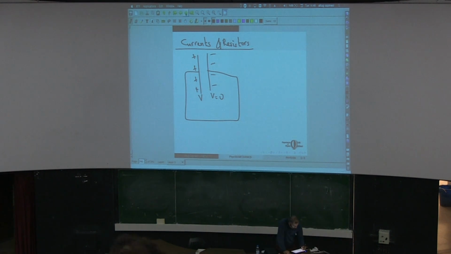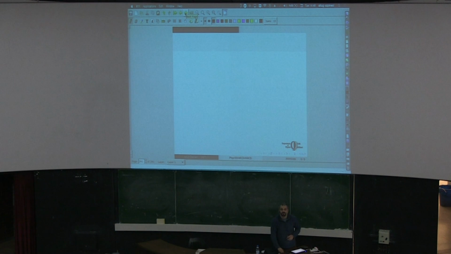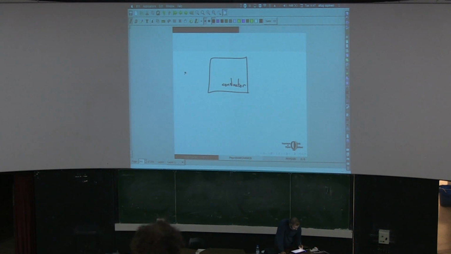Now, we had also seen a similar example when we argued that in a conductor there cannot be an electric field. If you remember our discussions, let's say this is our conductor. And we just imagine, for example, putting some positive charge near our conductor. Now, in the absence of this conductor, we already know that the electric field lines will be straight.